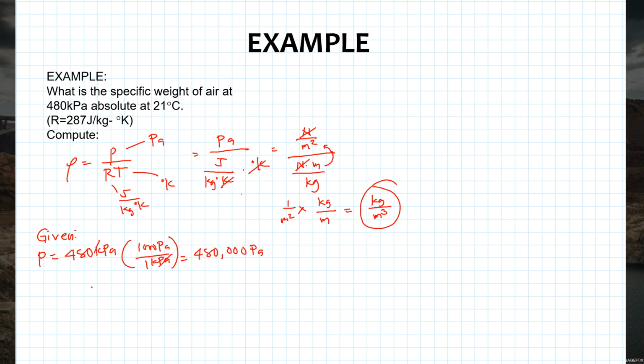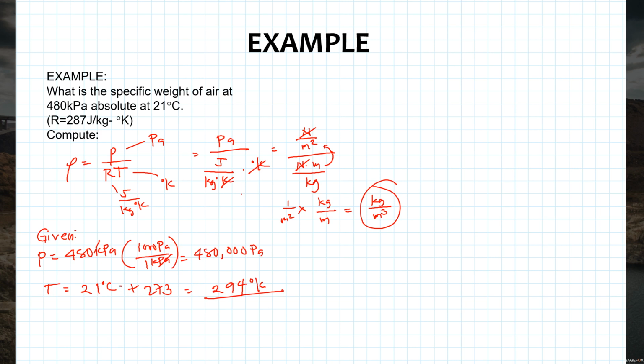While your temperature is in degrees Celsius, what will be the equivalent temperature of 21 degrees Celsius in Kelvin? Our conversion is just simply adding 273. This will be 294 degrees Kelvin.